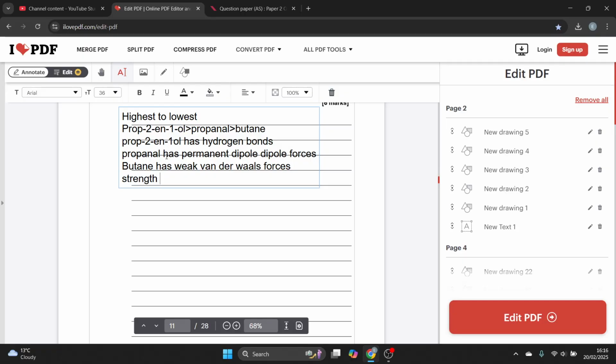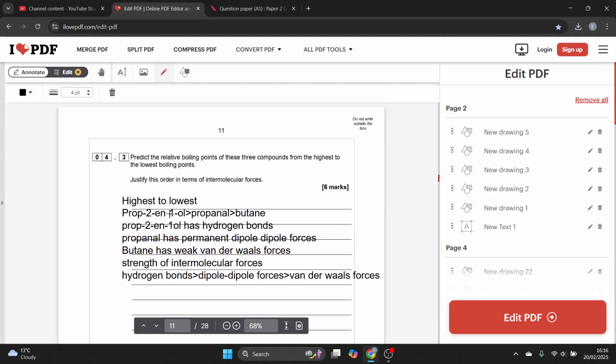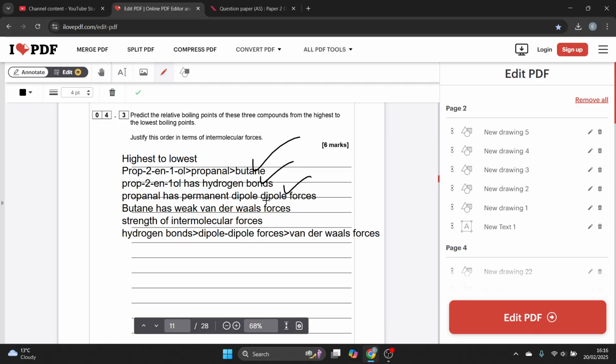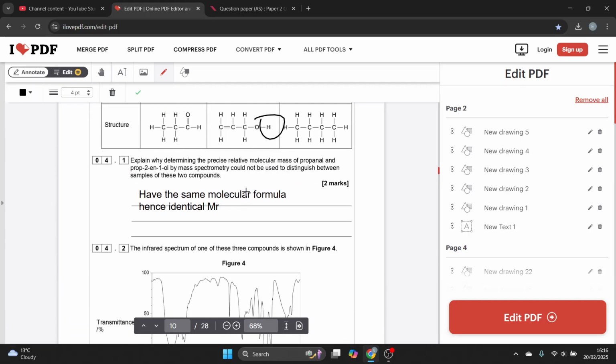Hydrogen bonds are stronger than dipole forces, and those are obviously stronger than van der Waals forces. So highest to lowest: prop-2-en-1-ol, propanal, and then butane.